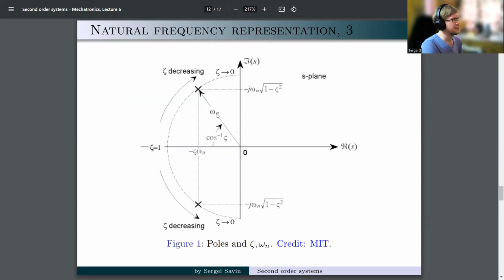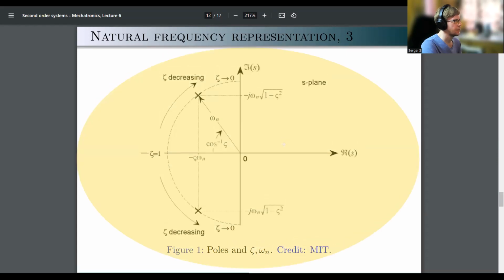All right. Now there is a tool for discussing this, which I guess we call a pole diagram for natural frequency representation. It looks like this. And what does it say? Well, here there are axes that determine the real and imaginary values of the poles, so eigenvalues. Now, here we have a polar representation of the same poles.